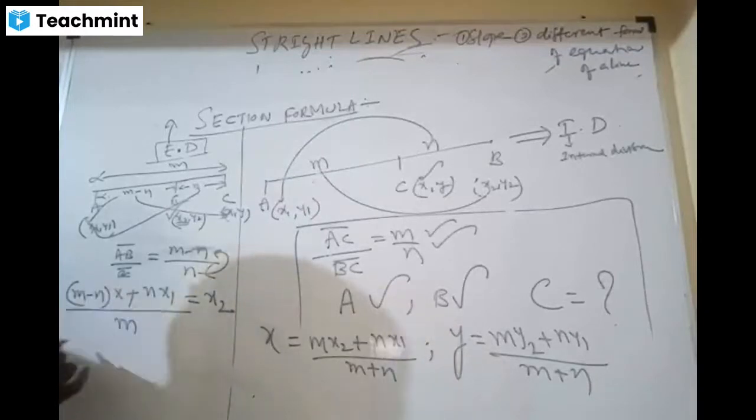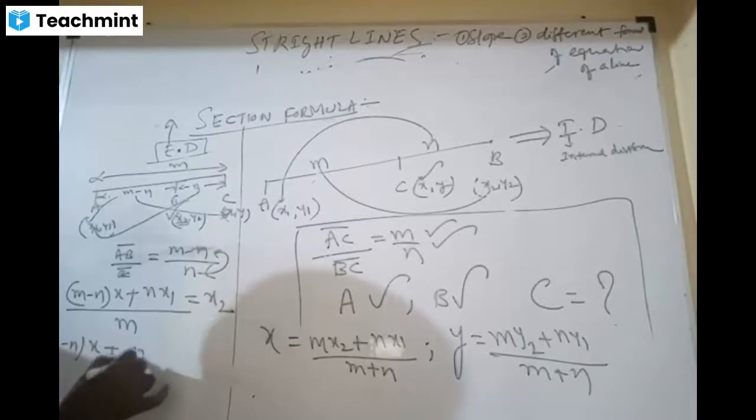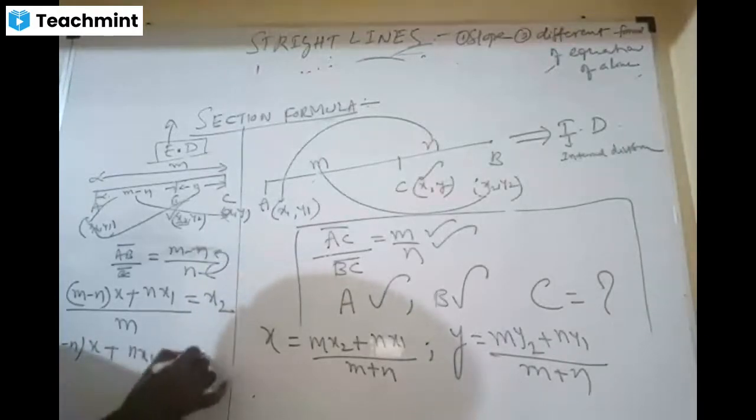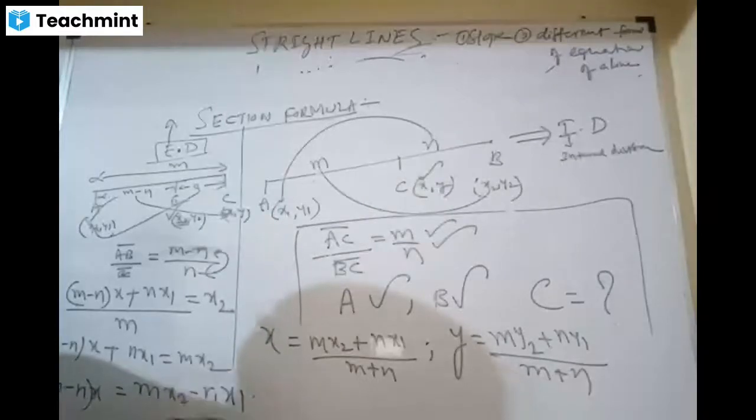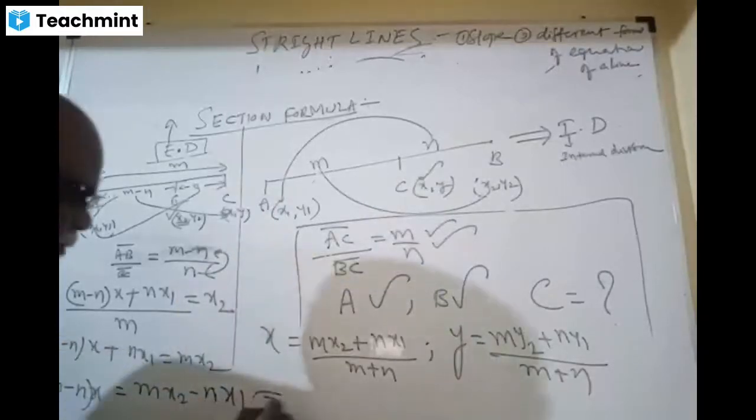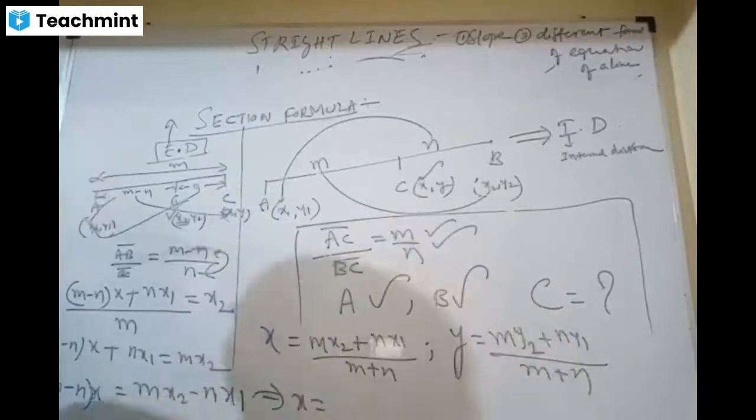Now you will find out x. m minus n into x plus nx1 is equal to mx2. So m minus n into x equals mx2 minus nx1, which further implies x equals mx2 minus nx1 by m minus n. I think you are all able to see the board clearly.